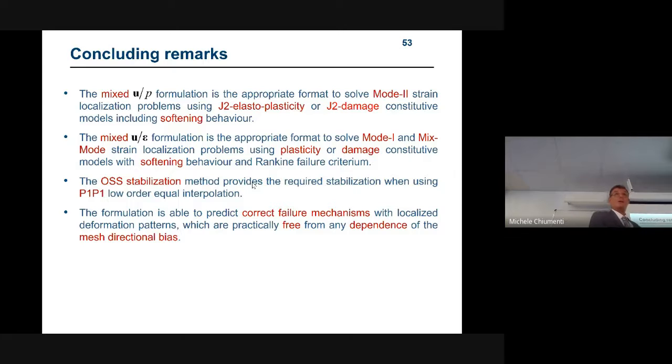I told you why, and I also showed you that it works. Okay? You cannot choose any field you want, any kind of interface you want. You need stabilization. These are technical details that you can find in the papers. And the result is that your solution is not mesh dependent and does not suffer from any locking due to the pressure constraints.